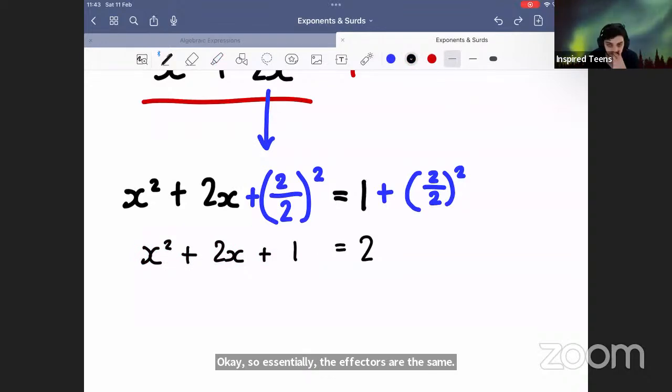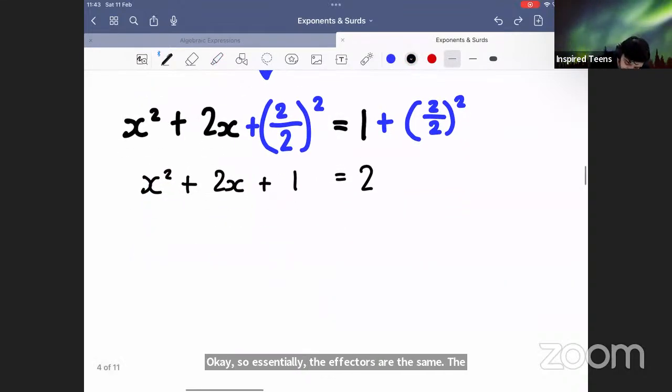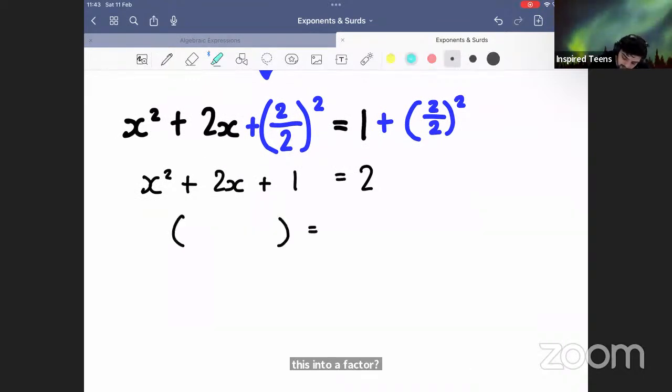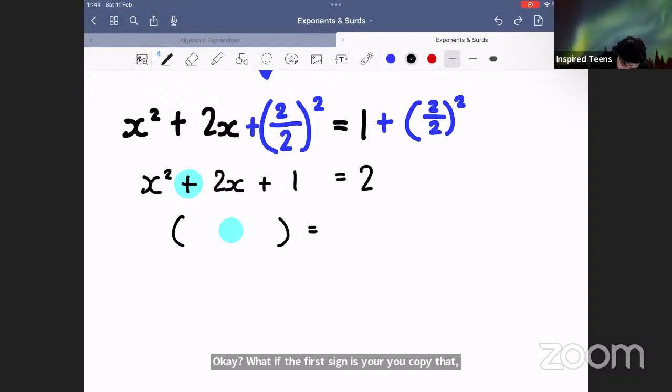The easiest way to remember is you're always going to turn this into a factor. Whatever the first sign is here, you copy that sign here. So if the first sign is a plus, that's a plus.